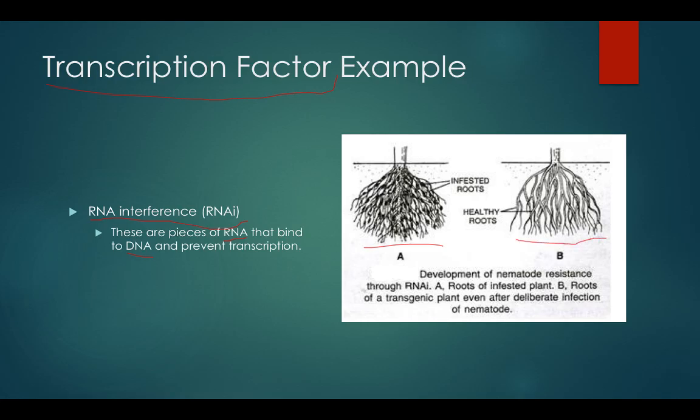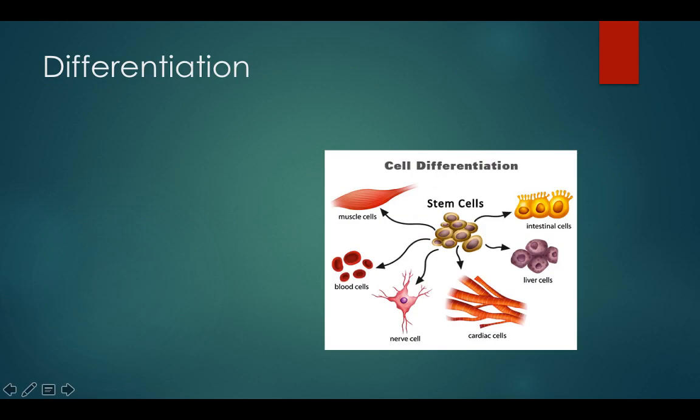So what's happened here is that the scientists have used RNA interference, or RNAi, to turn off genes that would make it so that this plant can defend itself against this infestation. So they basically use science to create RNAi that can turn genes on and off. And your body can do this too, even with the help of scientists.